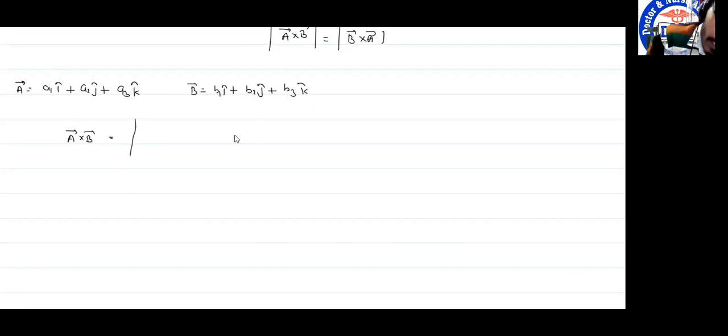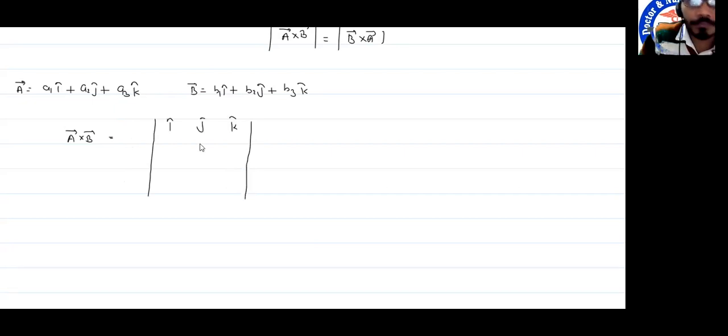So first make these two lines. And write i cap, j cap and k cap. And write the components of A vector below this.